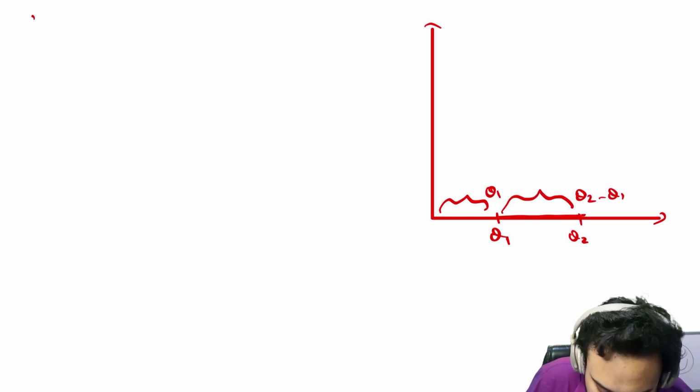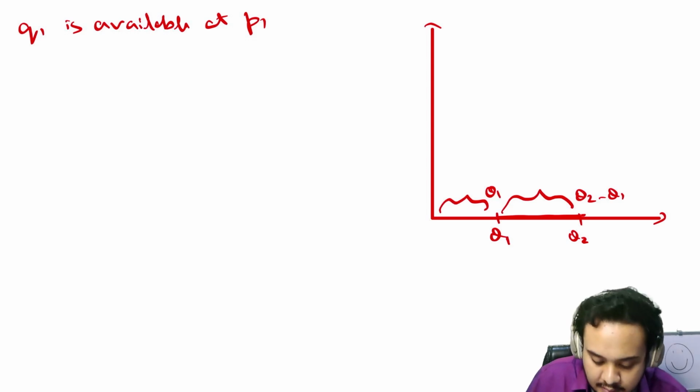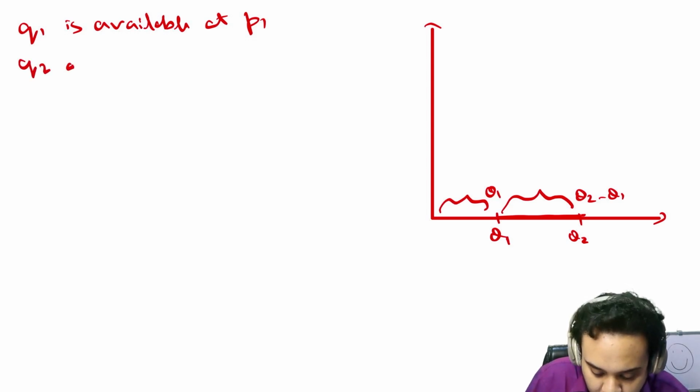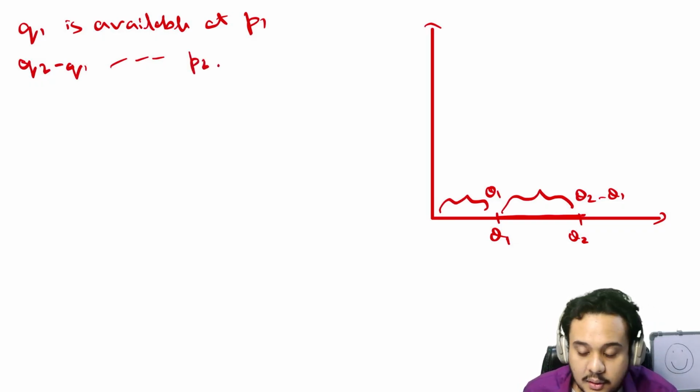So how can we write this numerically? Let us write in small letters: q1 is available at price P1, q2 minus q1 is available at P2. How do you think we can write our profit?